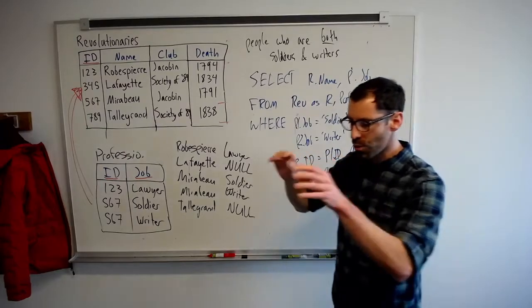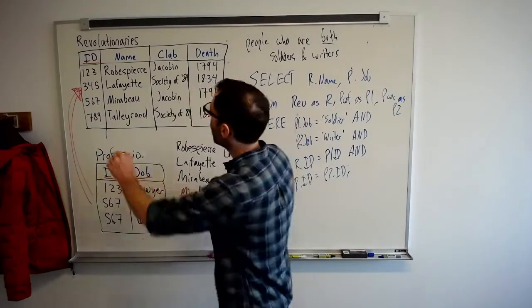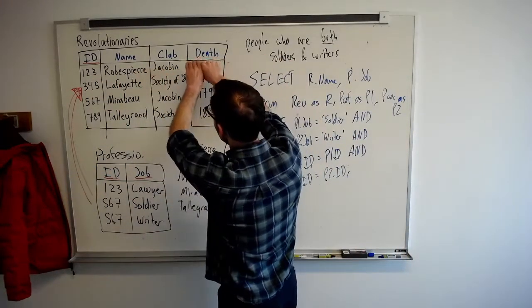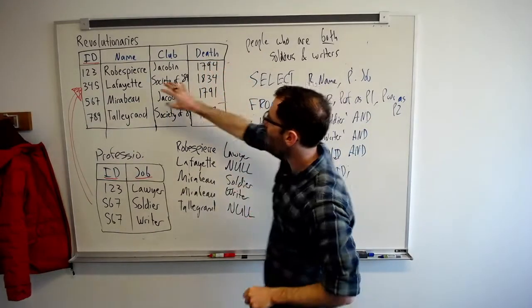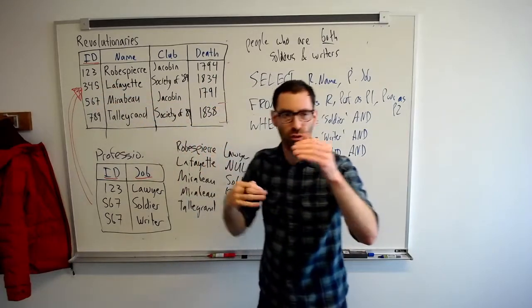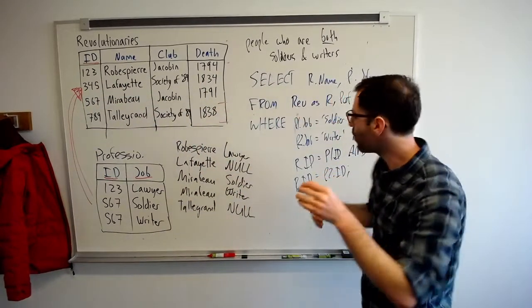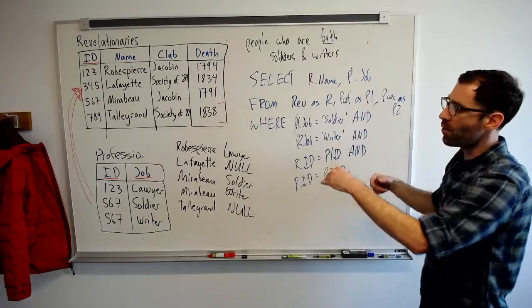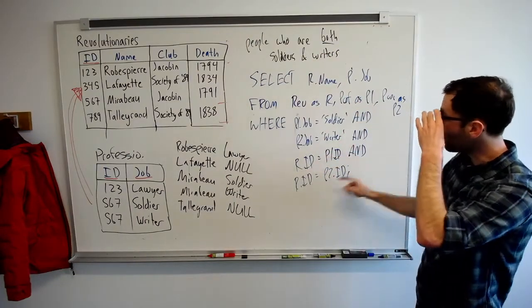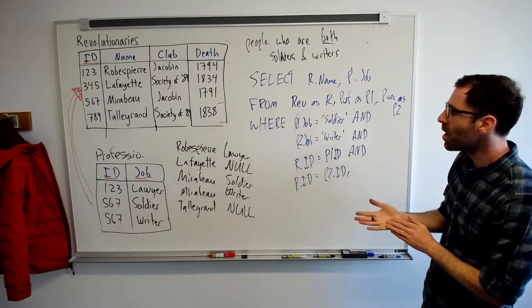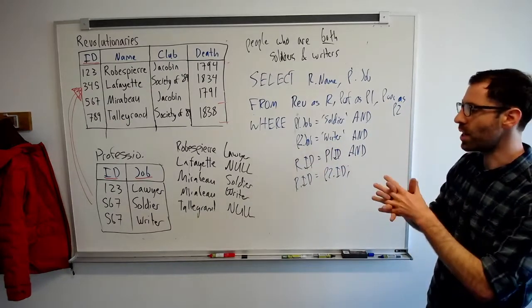And so we're joining revolutionaries with the profession table twice. And remember, a join is going to take a tuple and then slap it together with a tuple from some other table. And so we actually have a triple nested for loop, where we're going over revolutionaries and then over professions, and then inside that over professions again. And where all the IDs match up, then we are joining them together.